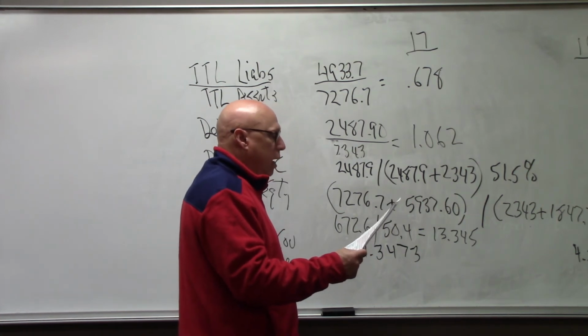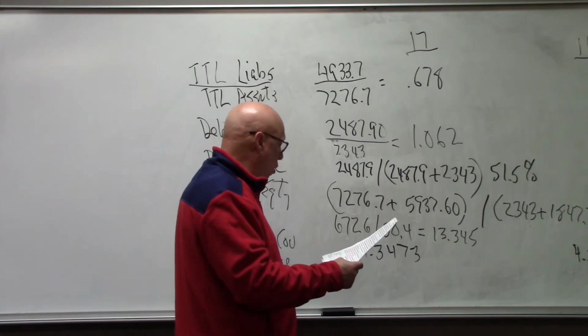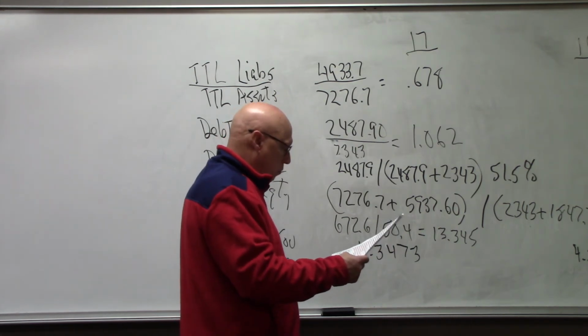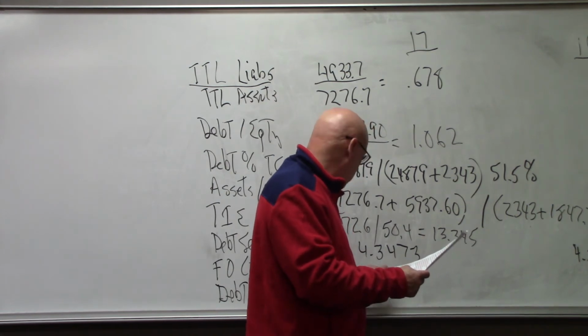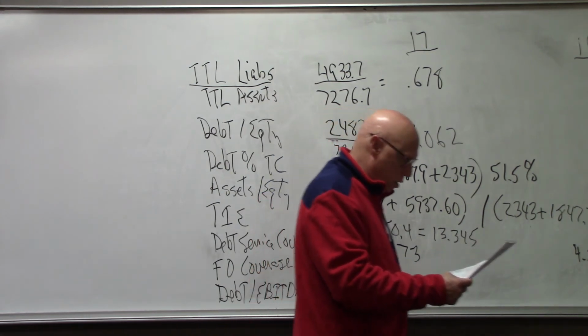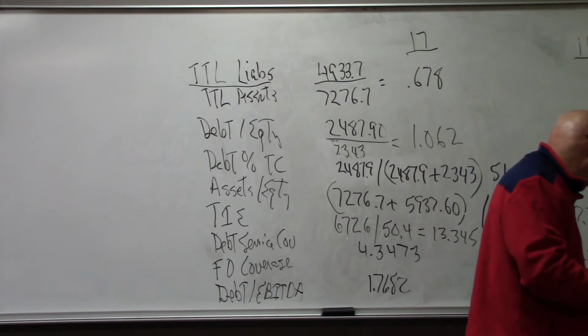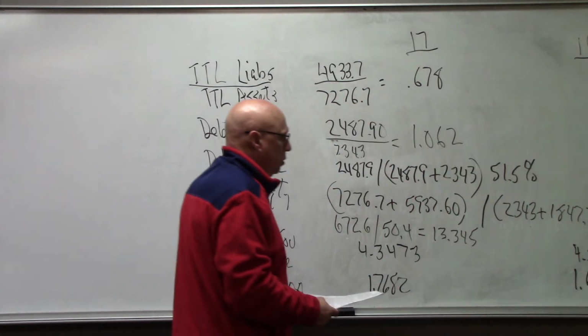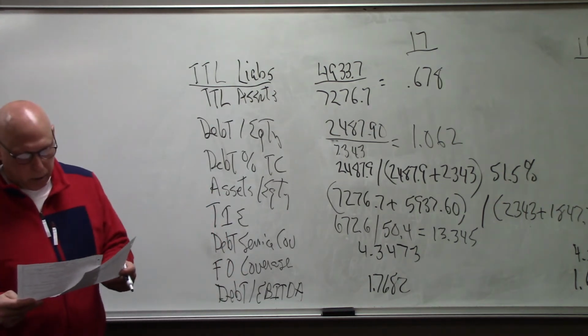Apparently, I don't have it in the written version, but I tell you what those fixed obligations are. And so it's 1.7682 here, and 1.6663 here.